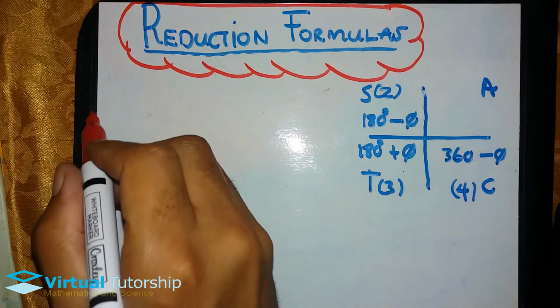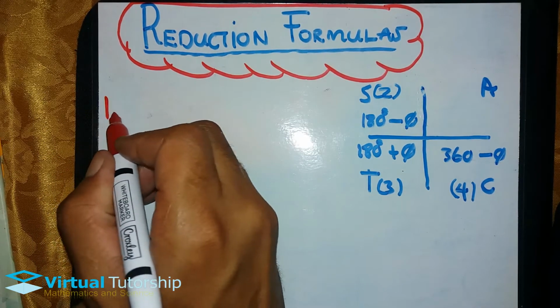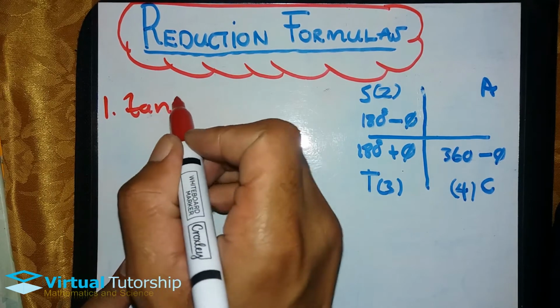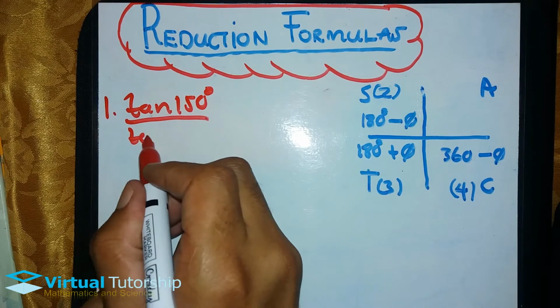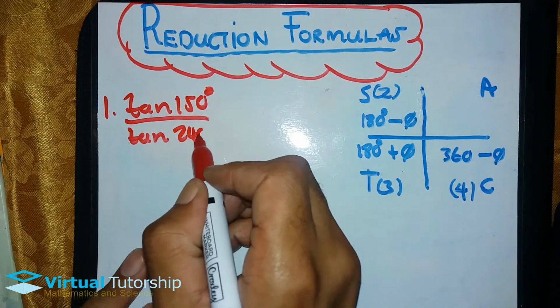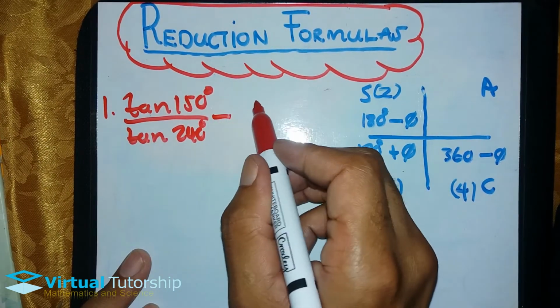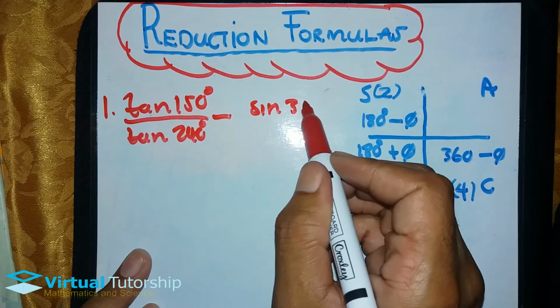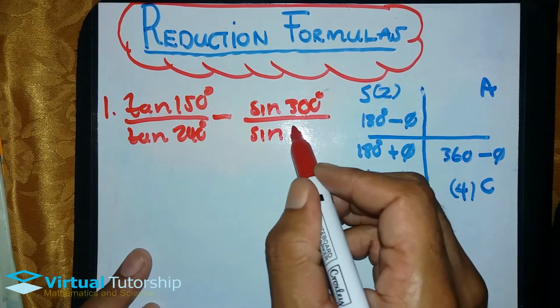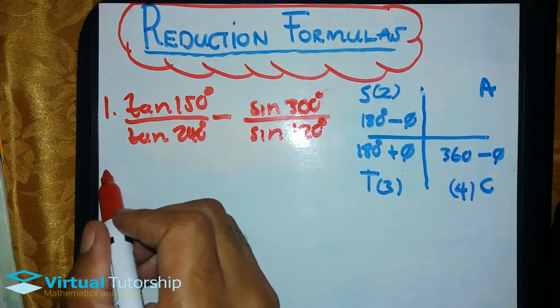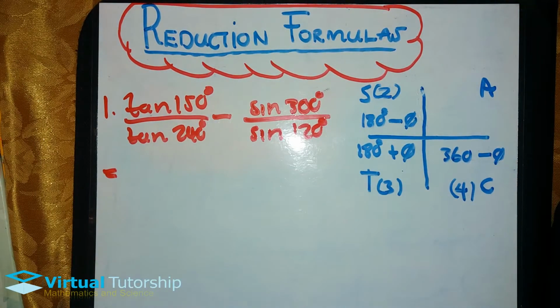So I'll start with the first example: tan 150 over tan 240 degrees minus sine 300 degrees over sine 120 degrees equal to.